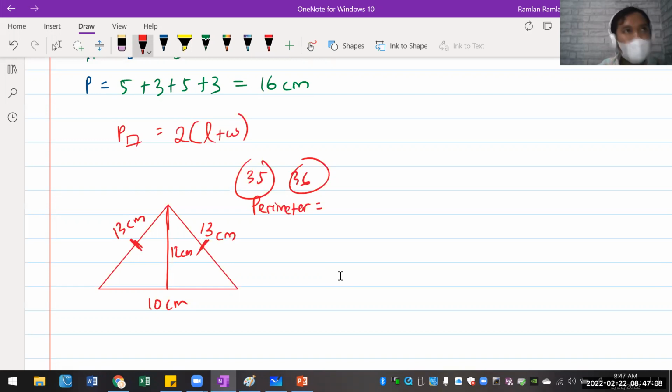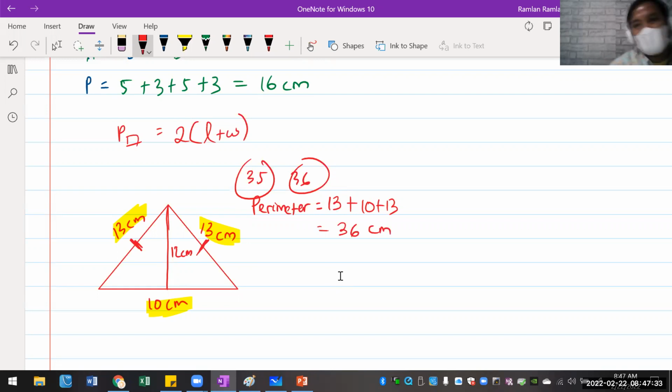So when we want to calculate the perimeter, you only need to add this side, this side, and this side. The 12 is not included because it is inside the shape, bukan di luar. So we can just write down 13 plus 10 plus 13, and that will be equal to 36 cm.